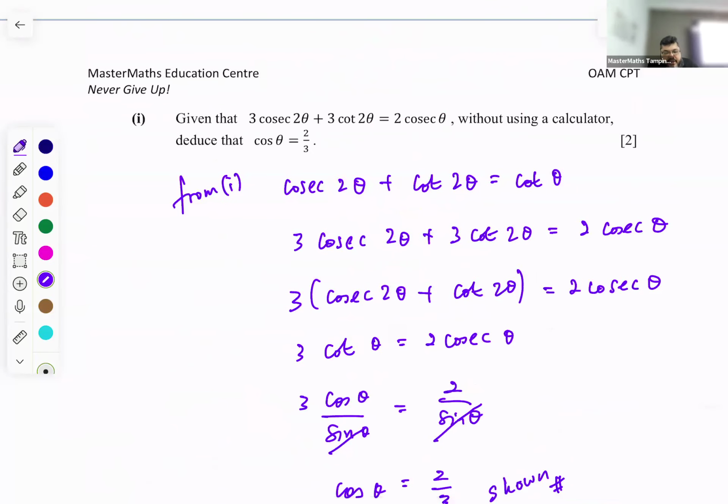You would go and take cosecant, right? Cosecant is one, then you will end up putting it inside the identity, cosecant theta plus 1 is cotangent theta. Correct or not? You can also do that, but a very, very long way. And it's only 2 marks.